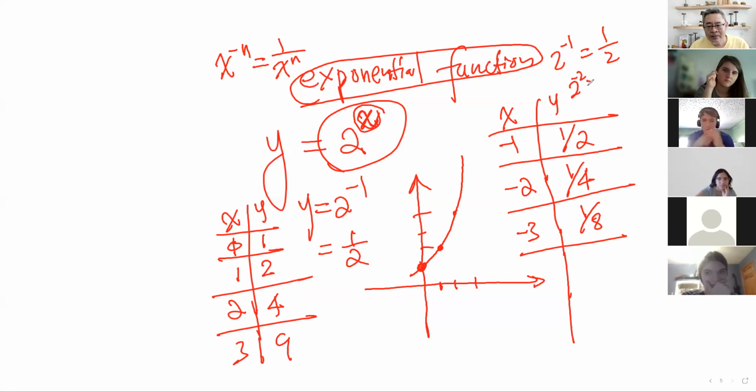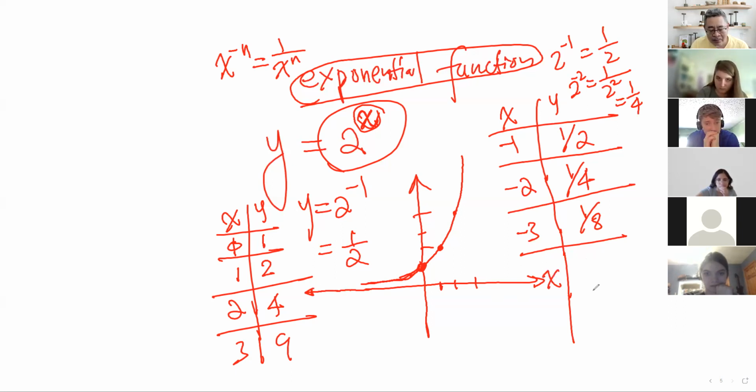2 to the -2 is 1 over 2 squared, which is 1 over 4. You can see that it's getting smaller as it goes, and you will never get to 0 or cross the x axis, but it approaches 0.